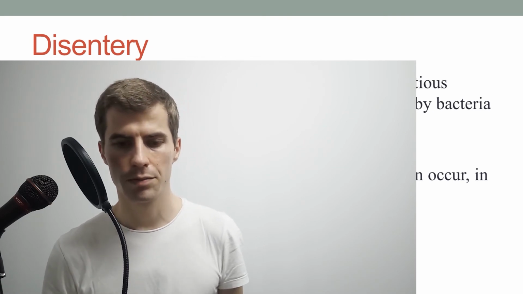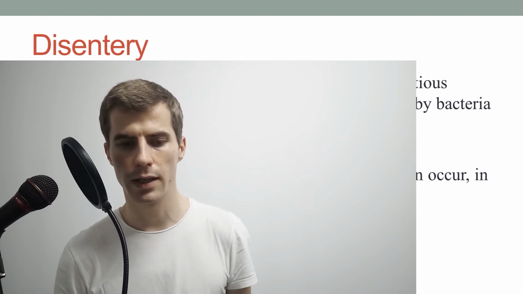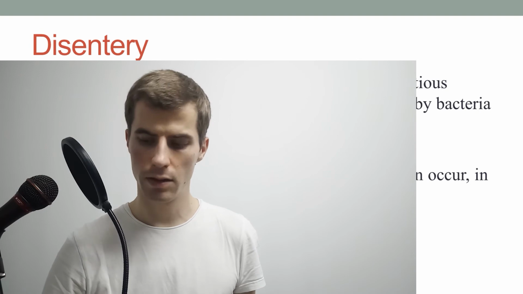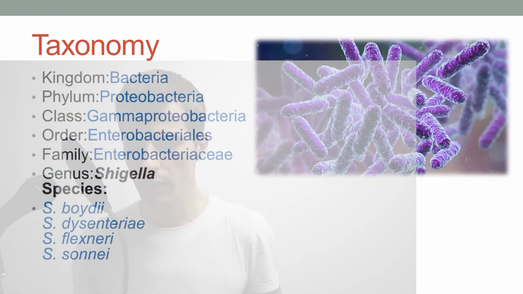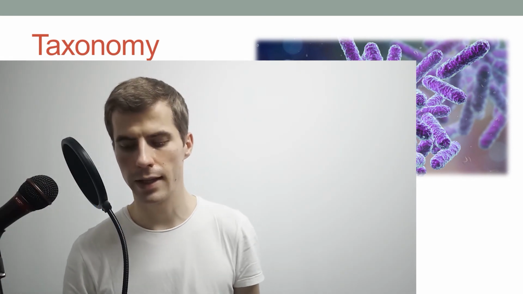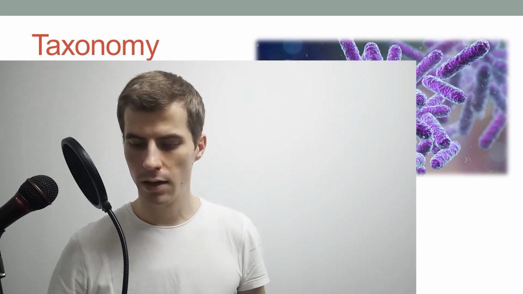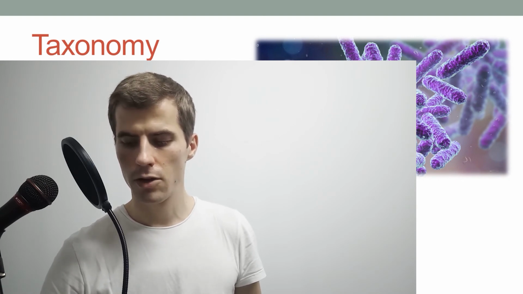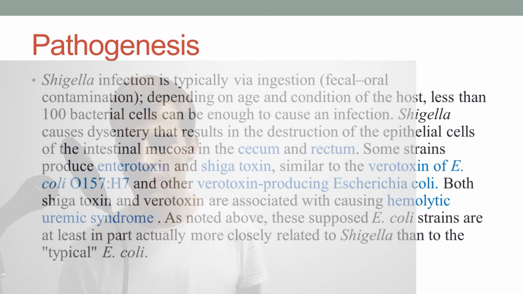Also, very often this severe diarrhea could contain some blood or some pus. Taxonomy: it also comes from the Enterobacteriaceae family, genus Shigella, and it contains several species such as Shigella boydii, Shigella dysenteriae, Shigella flexneri, and Shigella sonnei. These are four main species which are causing shigellosis or dysentery.